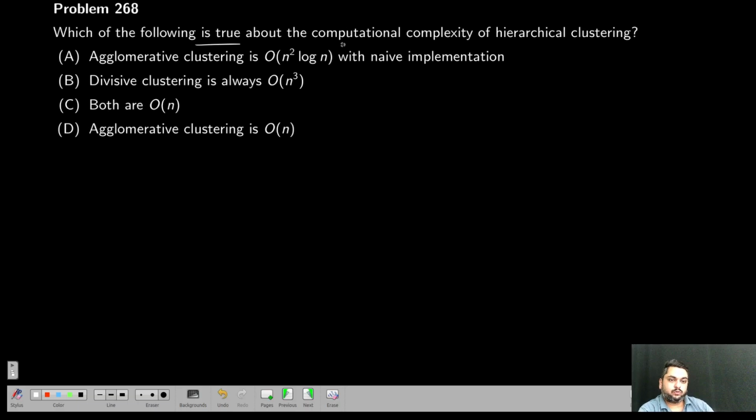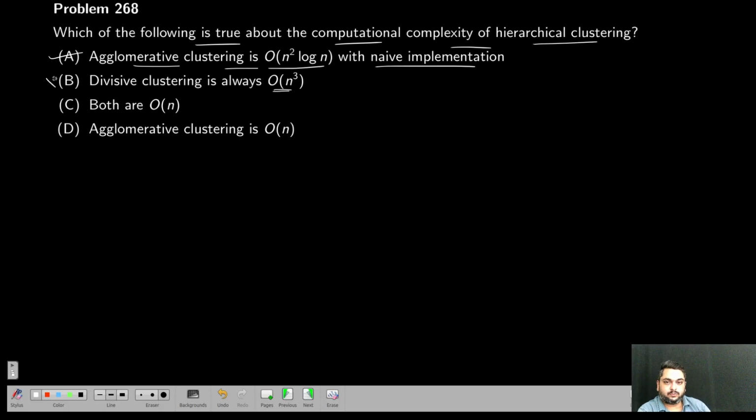Which of the following is true about the computational complexity of hierarchical clustering? Agglomerative clustering is of order n square log n in the worst case with naive implementation. With an optimal implementation, this is true, so it can be order of n square log n. Divisive clustering is always order of n cube?